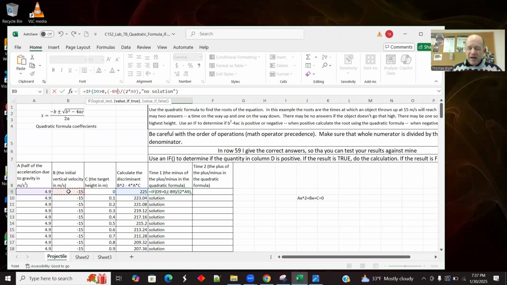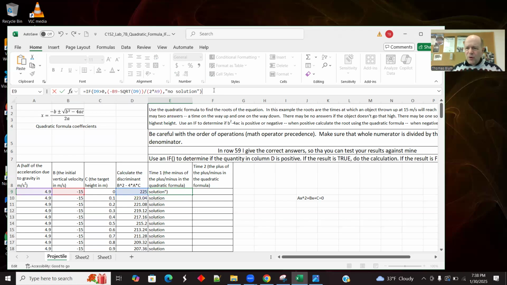So I'm going to do minus B minus, and then I'm going to do a square root. So I'm going to use the SQRT function. And then it is the square root of B squared minus 4AC, but I already have B squared minus 4AC in column D, so I'm going to take advantage of that and go here D.